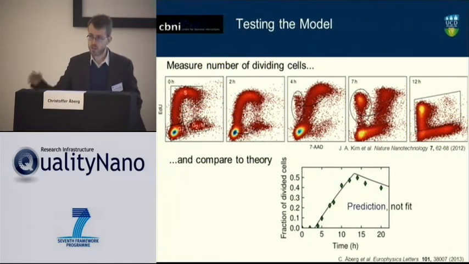And you can do exactly the same thing from the theory. Again, I stress that this is a parameter-free prediction. It's not a fit. And you see that they overlap rather nicely. So in this way, we feel that we have validated at least the cell cycle part of the model.